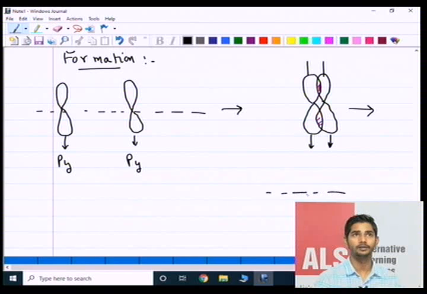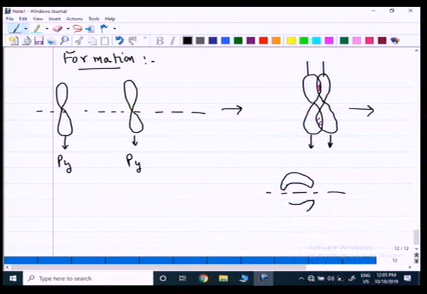These dots are the internuclear axis, and this is your overlapped region. So this is how the pi bond will look during the overlapping.